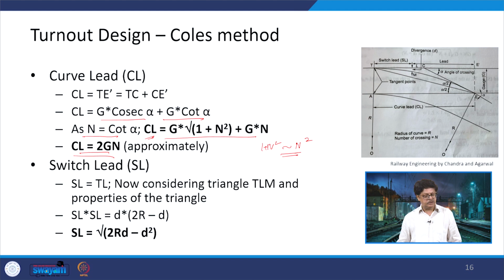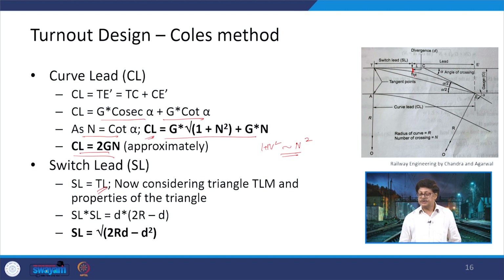Now, the second value we are looking at is SL, the switch lead, which is actually up to the heel. So, this is TL, and to consider this TL, we can consider the triangle TLM.